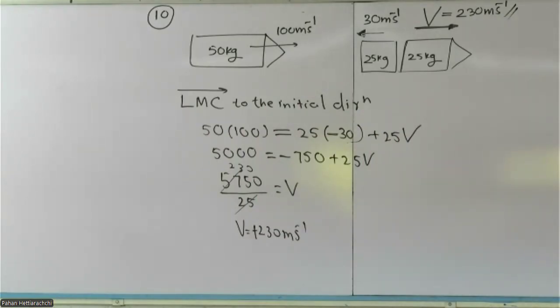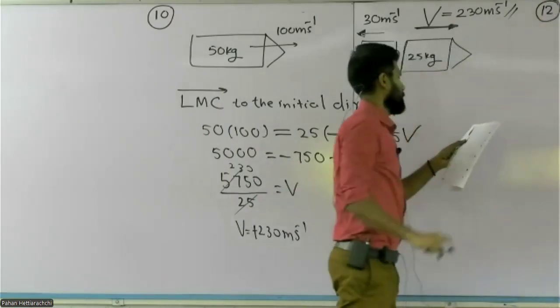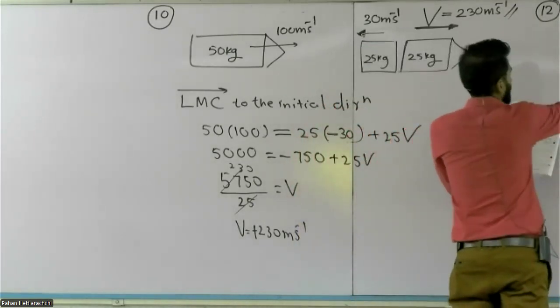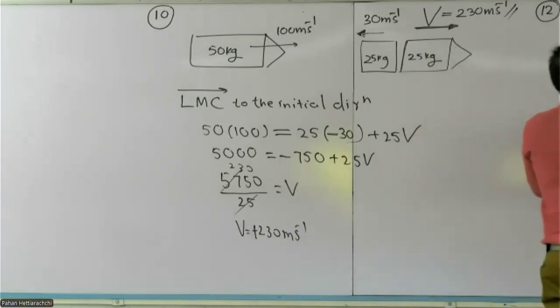Okay. Then move to question number 12. A stationary bomb explodes into two fragments. The mass of one fragment is 3 times that of the other.